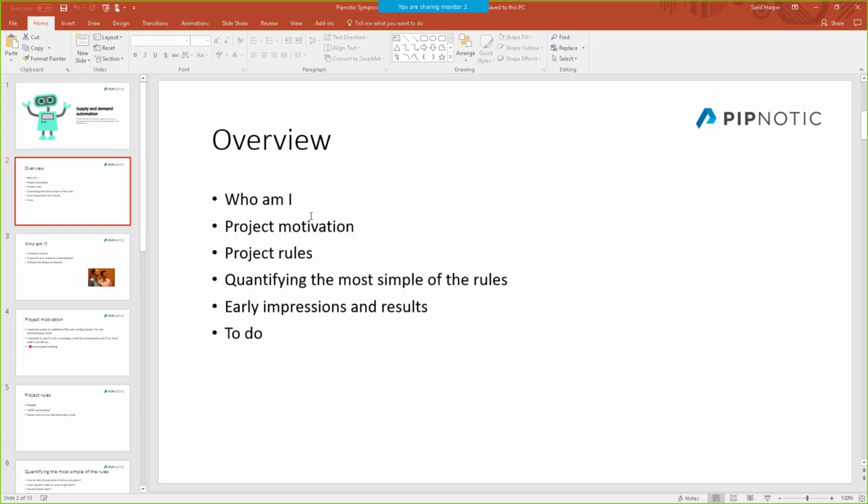The reason I did this is ultimately to make it easy to program. Then we're going to have a quick look at early impressions and some results, and then have a look at the to-dos, something that we could perhaps consider to implement that may in some way enhance the performance of this robot.